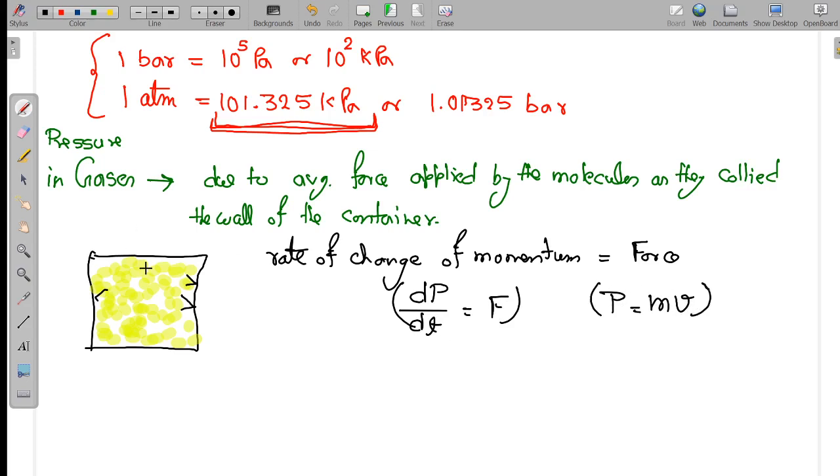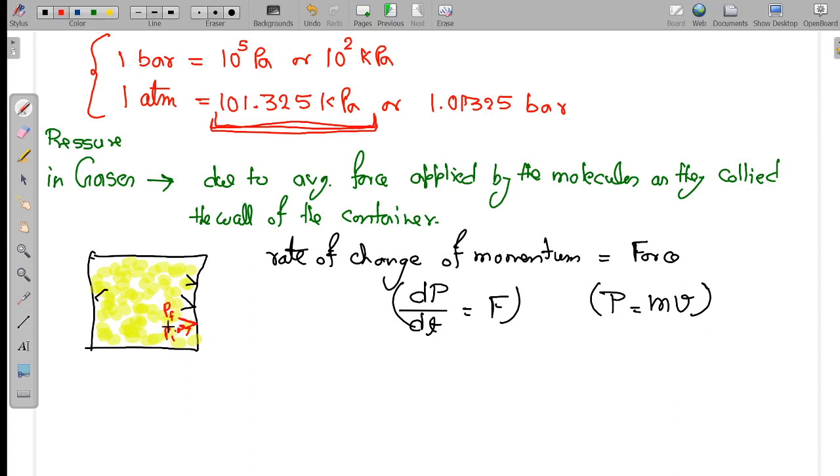Let us consider a molecule, this red one. It has started moving towards the wall. It has collided and then changed direction. The change in momentum means initial momentum pi and final momentum pf.